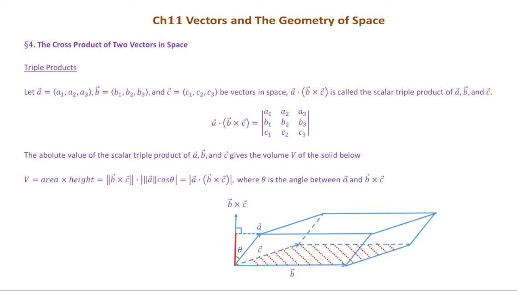Okay, so we have the three vectors, A, B, and C, with components A1, A2, A3, B1, B2, B3, and C1, C2, C3.